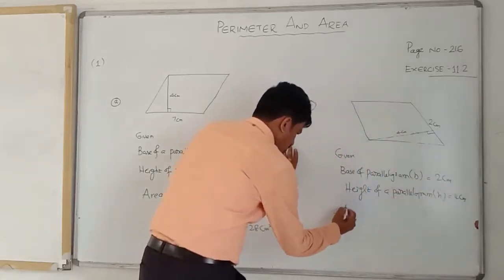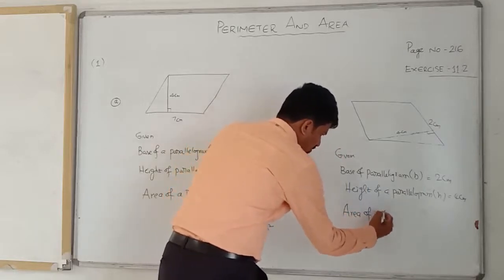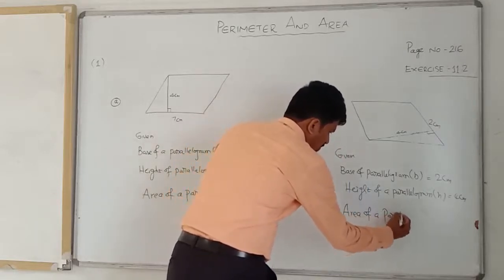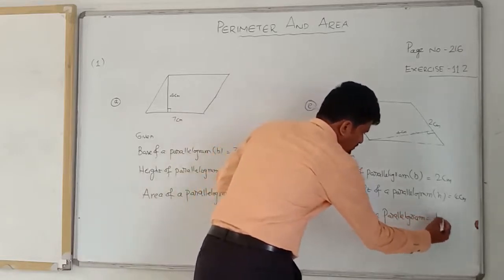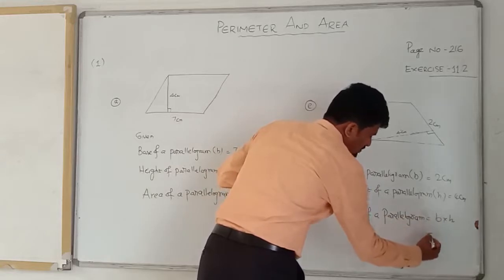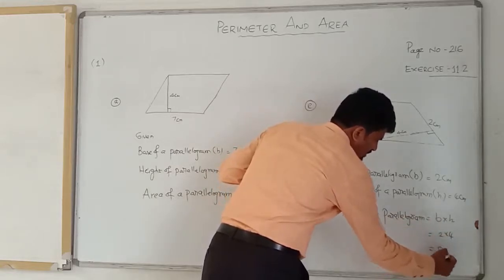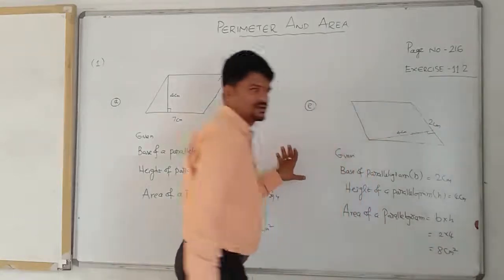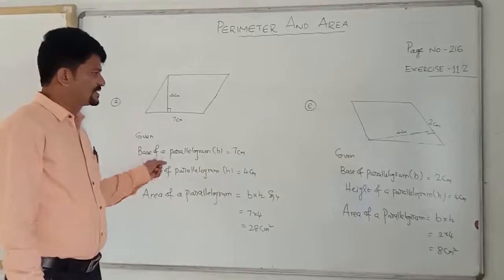Therefore, the area of a parallelogram, formula base into height, that implies 2 into 4, that implies 8 centimeters square. Okay, children? The remaining diagrams you have to complete like this, these two.